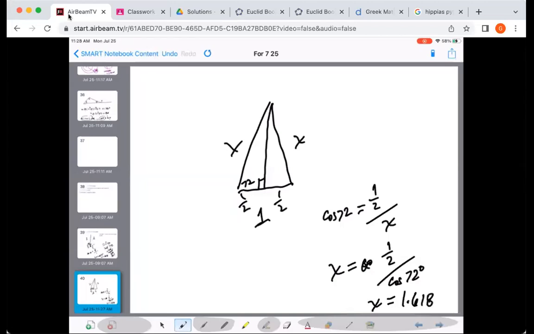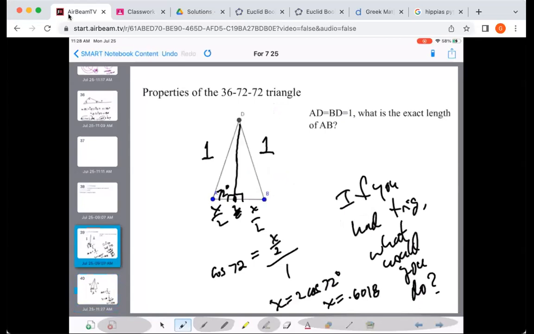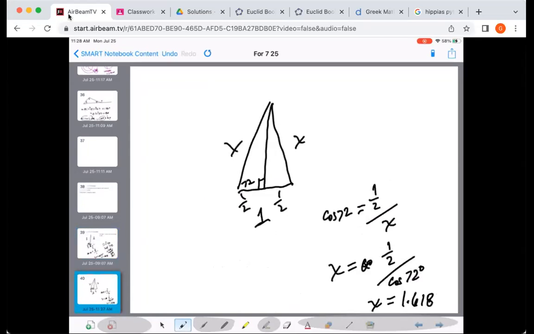Hold on, no, not 0.6018. Wait, 0.618. This is 0.618.